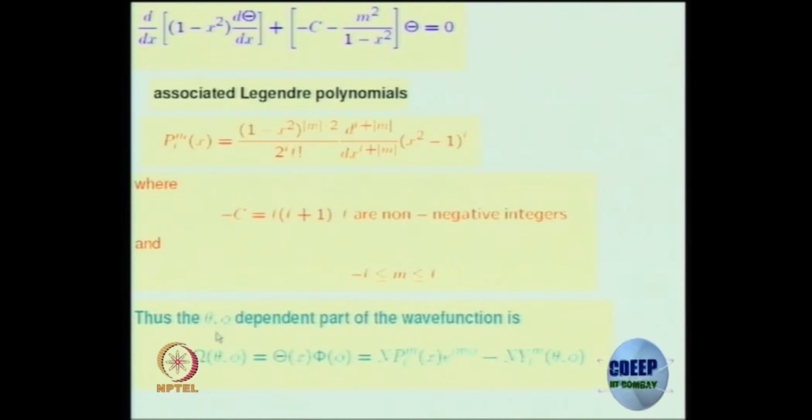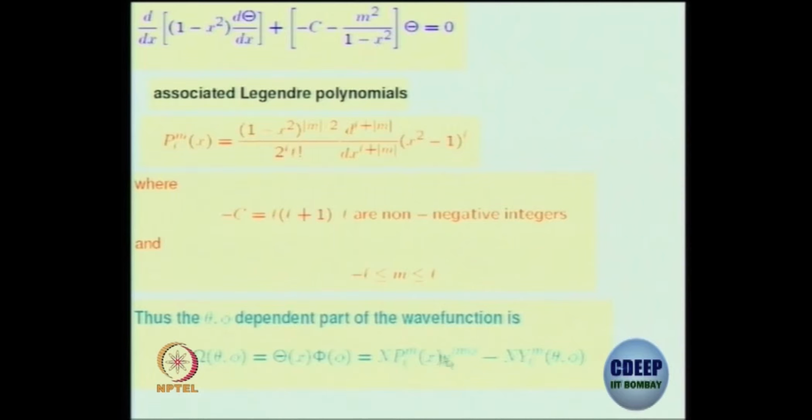So what is the final theta phi dependent part of the wave function? We have already seen it is e to the i m phi for the phi dependent piece. Now we have also argued that the theta dependent piece, with cos theta as x, is an associated Legendre polynomial.